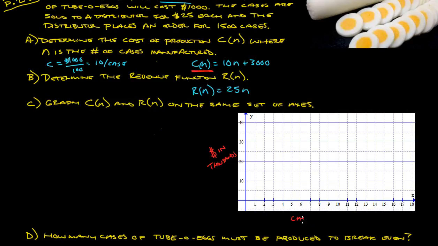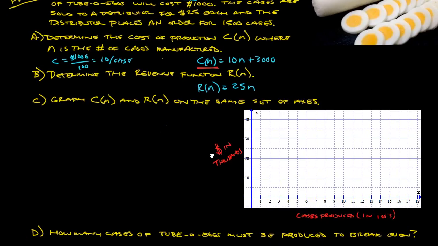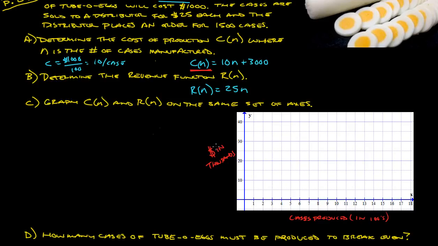And then this is going to be the cases produced, and that's in hundreds. Sorry about that. To graph this, it's probably going to be easiest to make a T-chart so we can get some good data going on here.